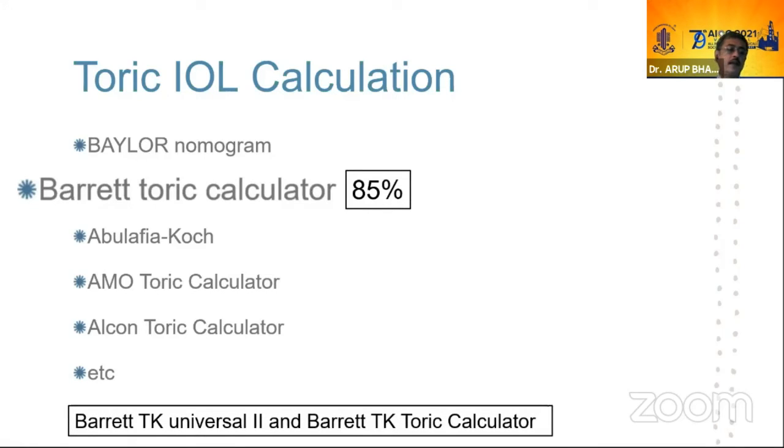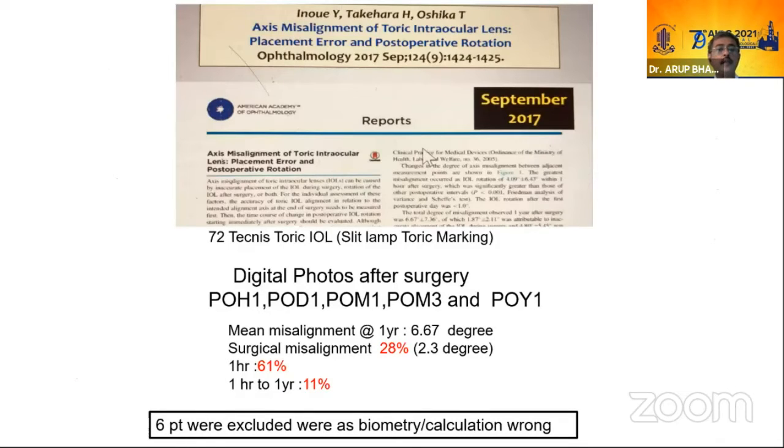But definitely, for those using the Barrett TK Universal 2 or Barrett TK toric calculator, which is available only in the IOLMaster 700, the toric accuracy is 92%.